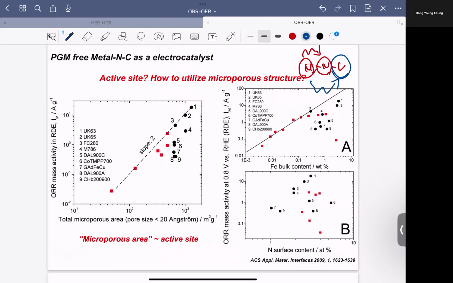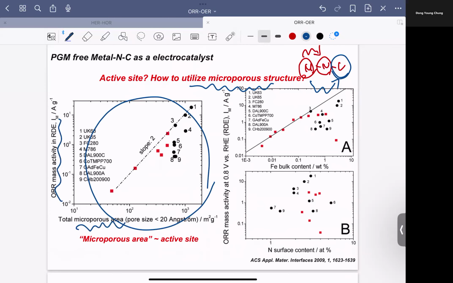The problem is nobody knows where the active site is because there is no nice model to discuss it. But not surprisingly, you have to capture that the activity is governed by the surface area, especially for the microporous structure, right? So most of the work with MNC is forming that microstructure, right? People found one very nice correlation: the microporous area shows a good correlation with the activity, right?